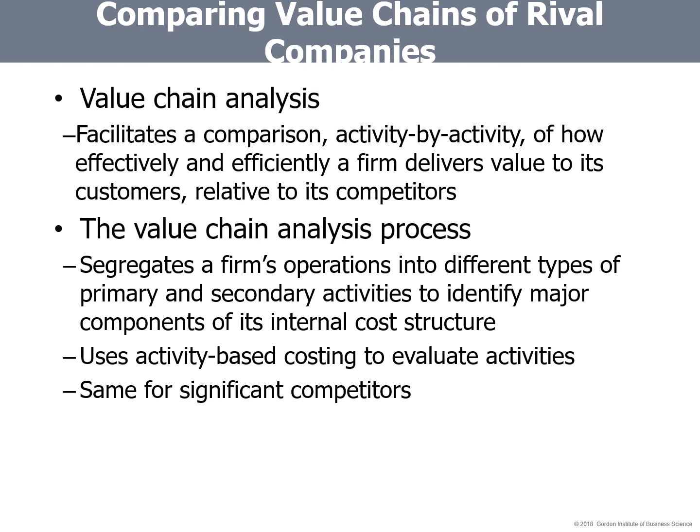Value chain analysis facilitates a comparison of how rivals, activity by activity, deliver value to the customer. Even rivals in the same industry may differ significantly in terms of the activities they perform. How each activity is performed may affect a company's relative cost position as well as its capacity for differentiation. Thus, even a simple comparison of how the activities of rivals' value chains differ can reveal competitive differences.